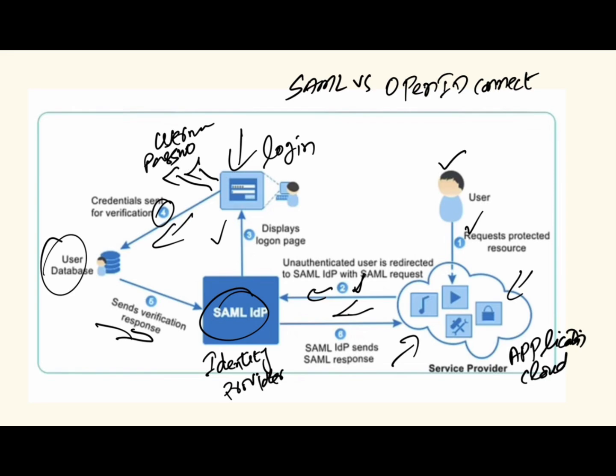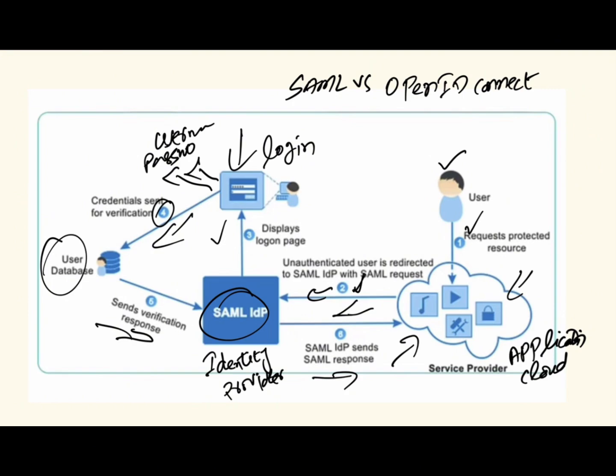So the IDP sends a SAML response. The IDP creates a SAML assertion. Now once again, step 5, user verification sends a verification response. If valid, it sends confirmation back to the IDP.